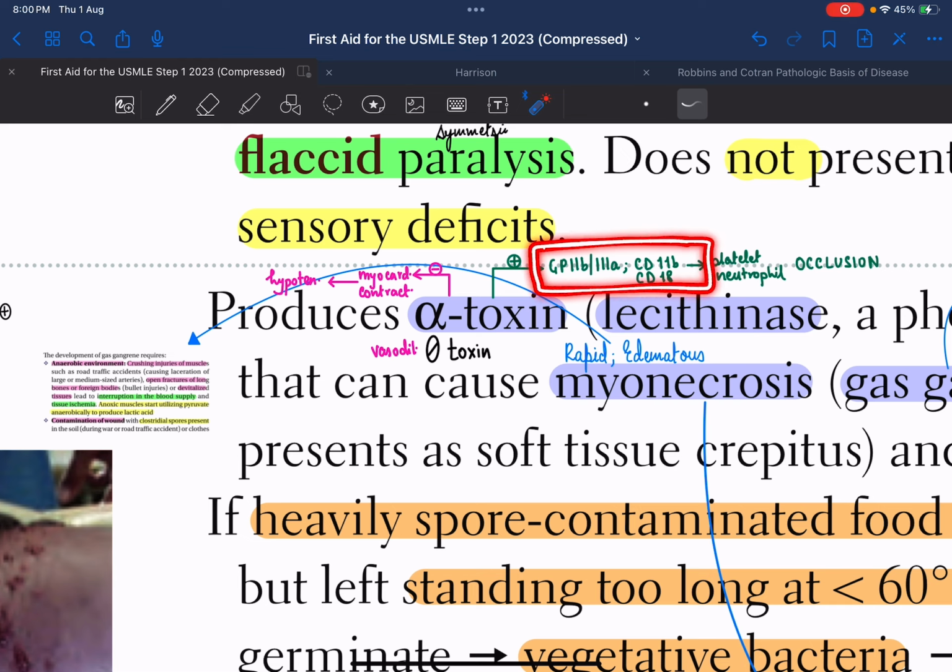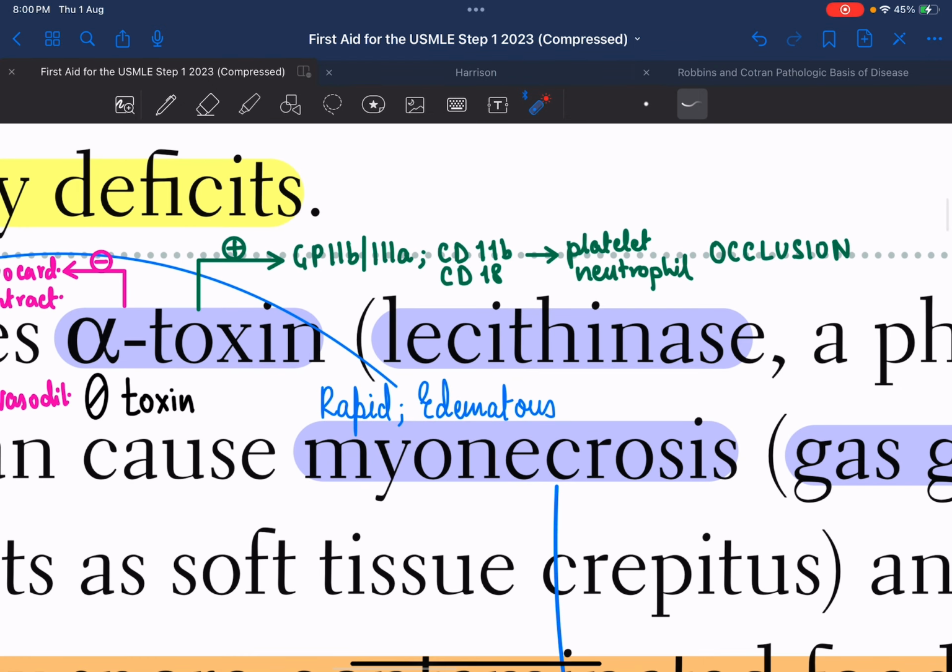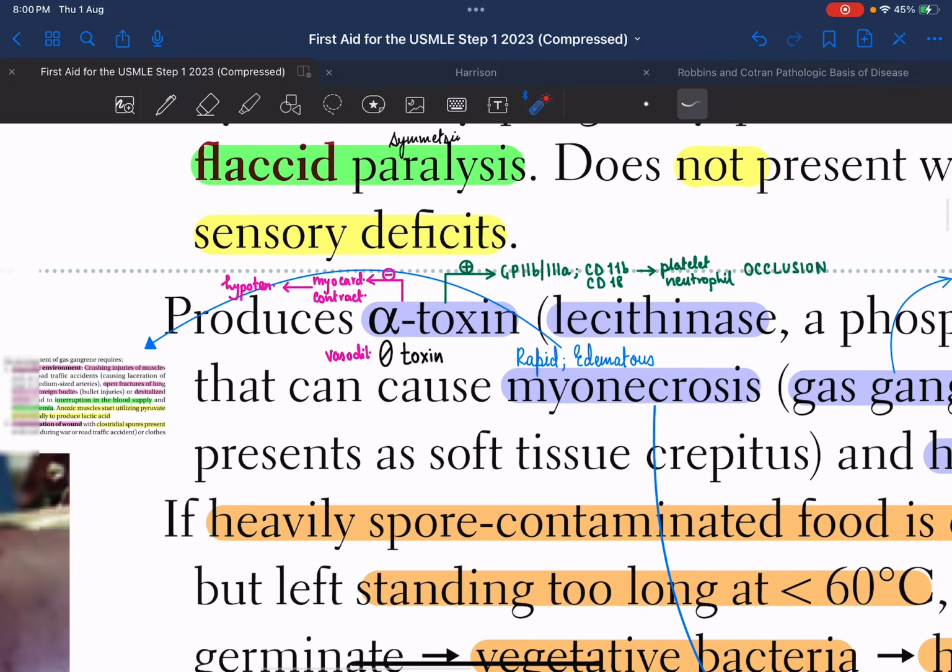So the activation of these three receptors causes adhesion and aggregation of platelets and neutrophils, and it will eventually lead to occlusion of the blood vessels. Occlusion will lead to a cut off in the blood supply, anoxing the muscle, and it is infected with clostridial spore, so that spore will grow and it will cause myonecrosis, right?